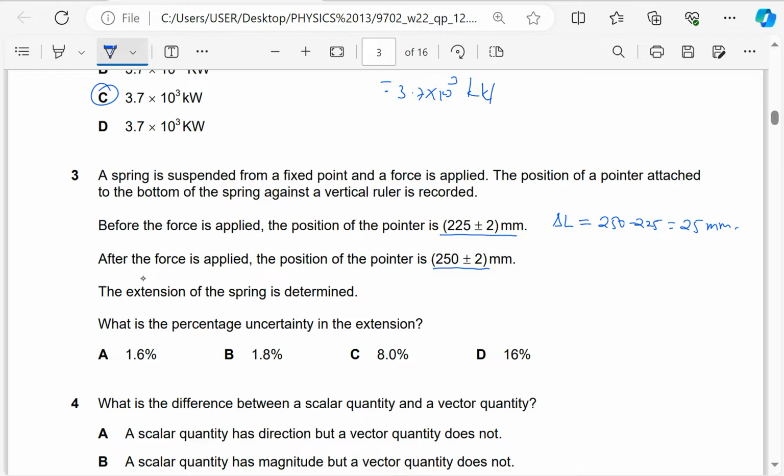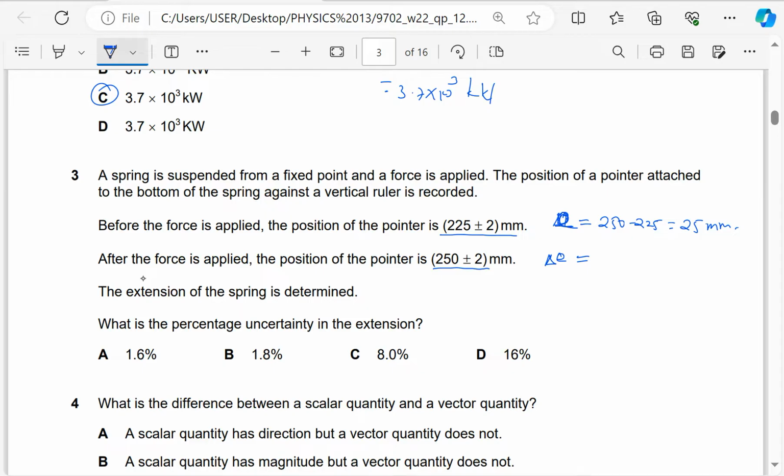Let me use E for extension. The absolute uncertainty in the extension: of course, the uncertainty simply accumulates.